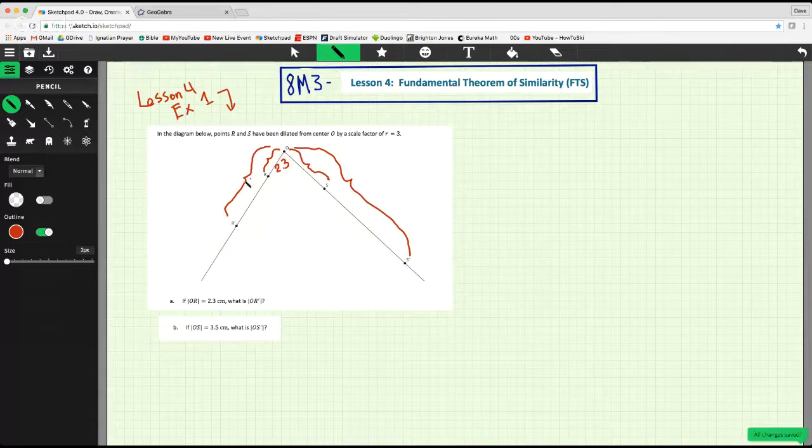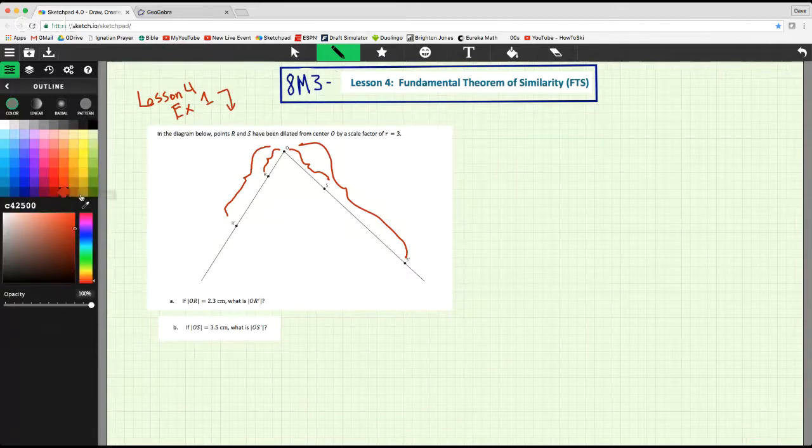Let's do this a little differently. If this was 2.3, then the longer thing is just 3 times longer, right? That's how we do our dilations. We used our ruler and measured this and then multiplied it by 3.